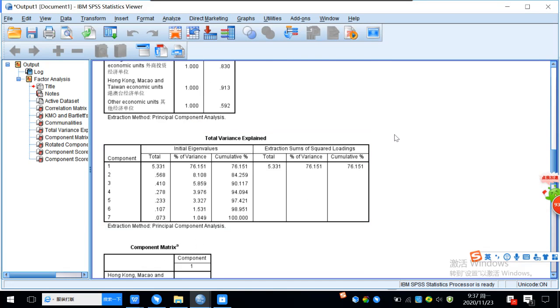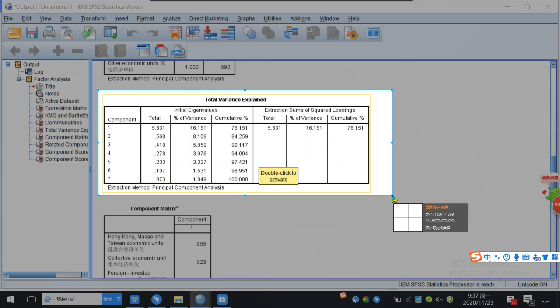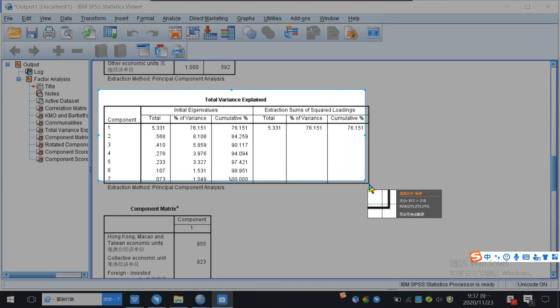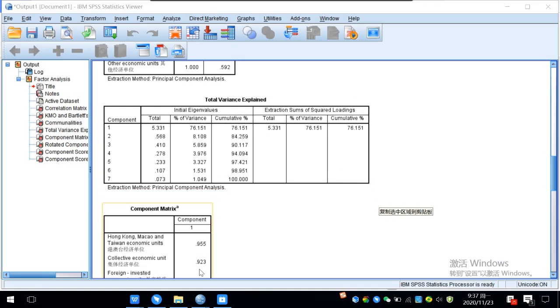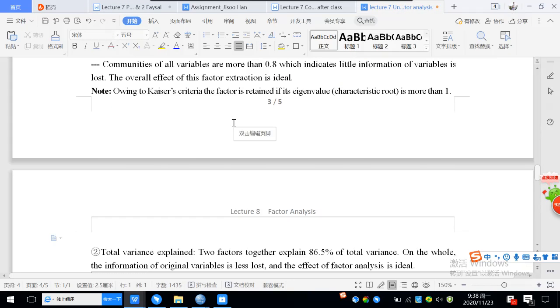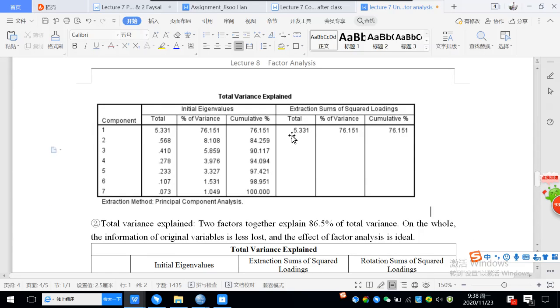Okay, let's look at here. This time, if we use the criteria, the initial eigenvalue more than 1, then the factor will be extracted.